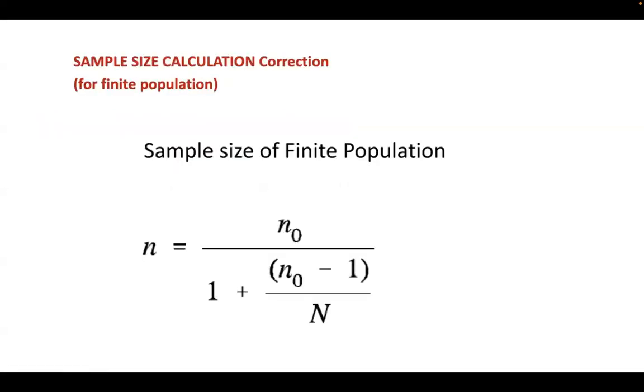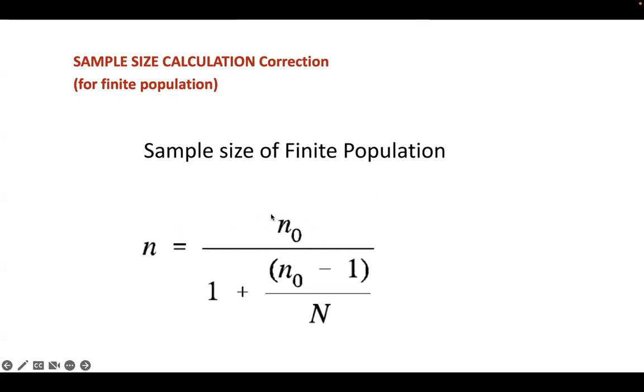So, for finite population, yesterday some question came. When we calculate the sample size, sometimes the required sample size may be 370, but the total number of students in the college may be only 400. So we cannot go for that high a sample size, right? In that case, you can use this sample size for finite population.